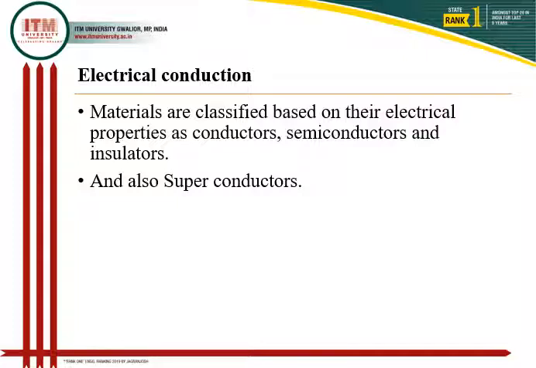So the word conductors replaces good conductors. And what about bad conductors? Yes, bad conductors are replaced by insulators. But we have added one more classification here, that is semiconductors.